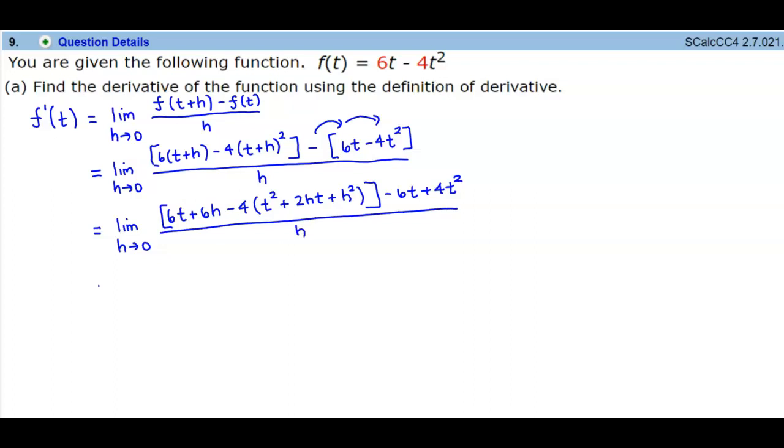So now, as the limit of h approaches 0, let's distribute the 4 and combine like terms.